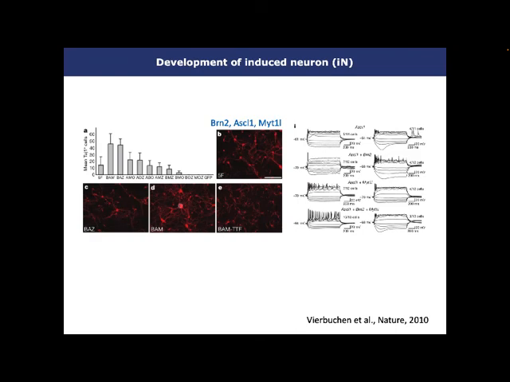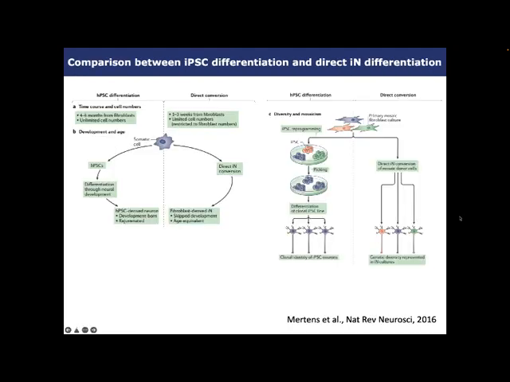Although other factors can make iNs, this BAM factor-mediated iN shows the highest efficiency of transformation. And these BAM factor-induced neurons show very high functionality, revealed by electrophysiological recording.